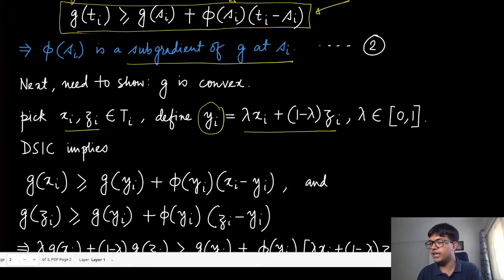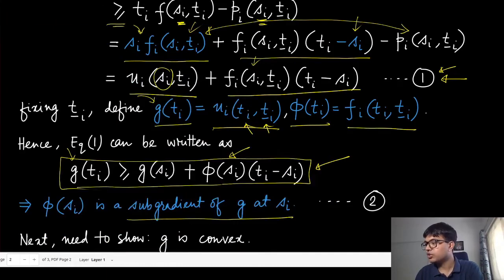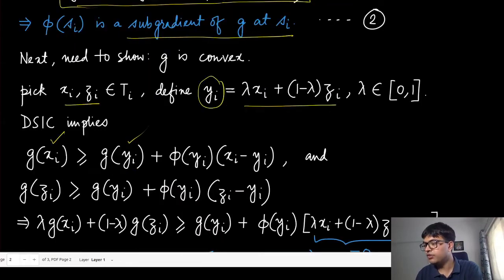So therefore we can just write that if this agent's true type was xi, and if it was misreporting to yi, then we can use this inequality to show that this is DSIC. So that is for between xi and yi, and when its true type is zi and it is misreporting to yi, you can write a very similar expression.